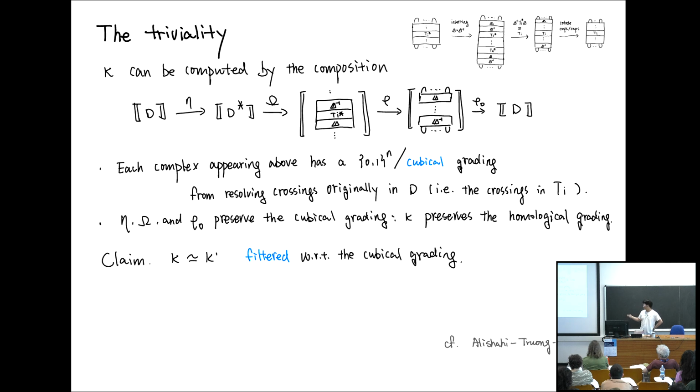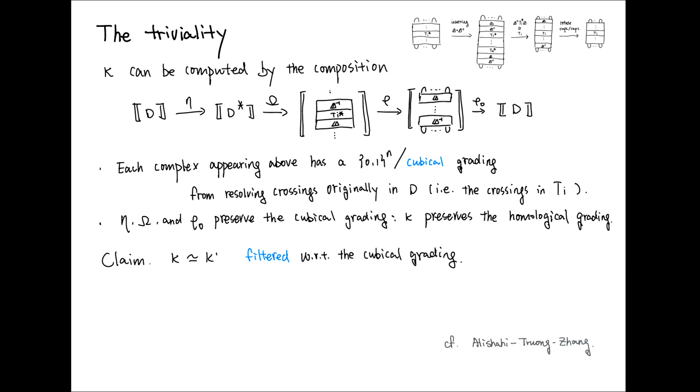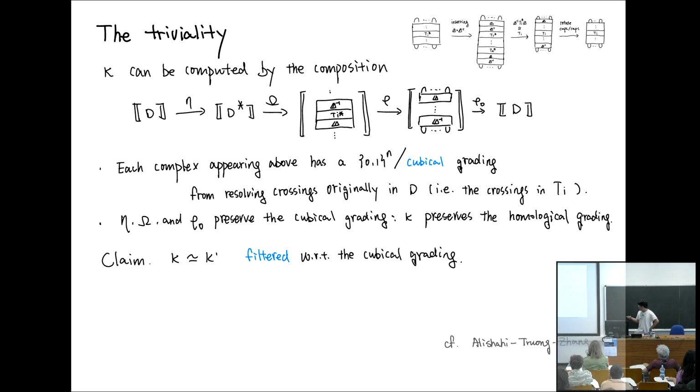The idea here comes from the work on involutive Heegaard Floer homology by Alishahi and Dai, where they perturb the iota map to make it filtered with respect to some similar filtration and use that to build a spectral sequence for involutive Heegaard Floer homology of branched double covers.